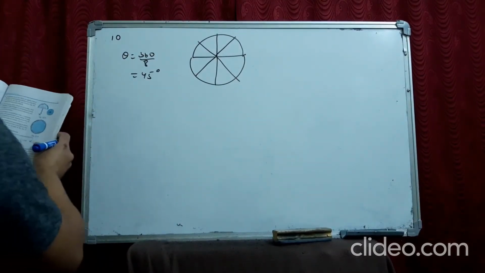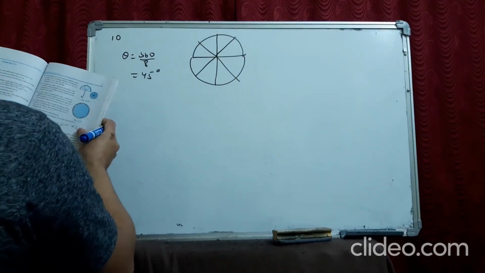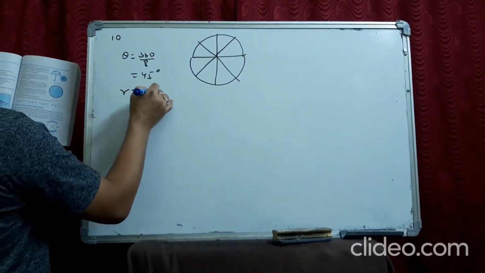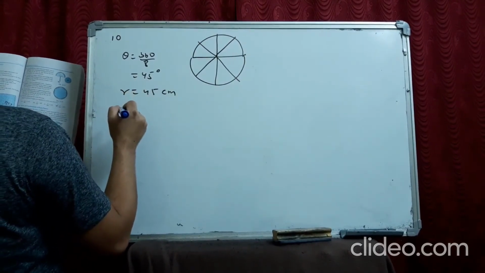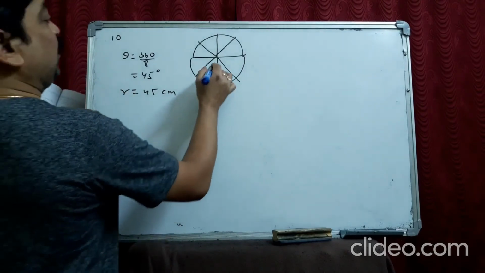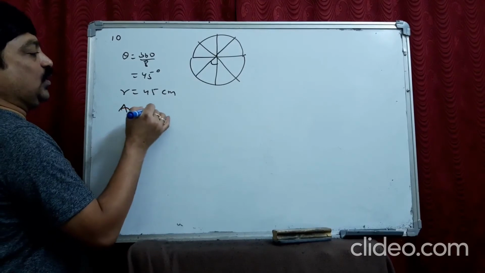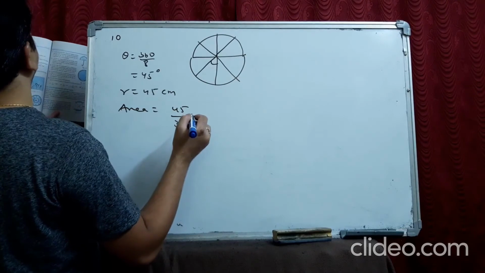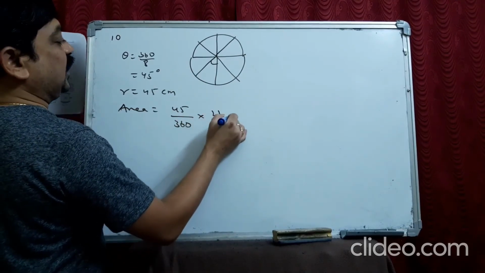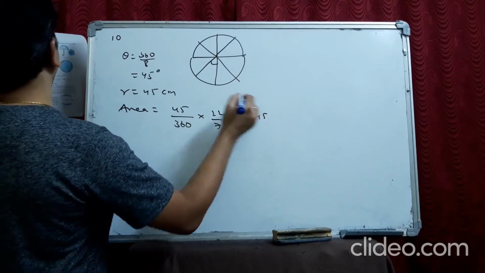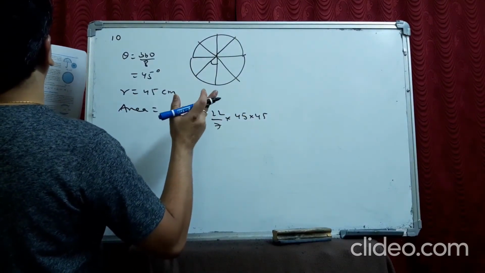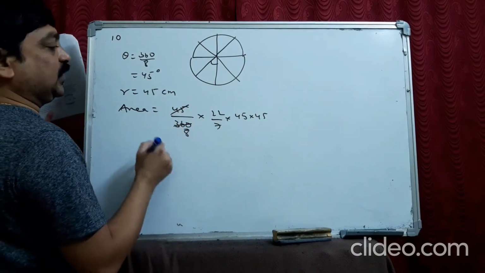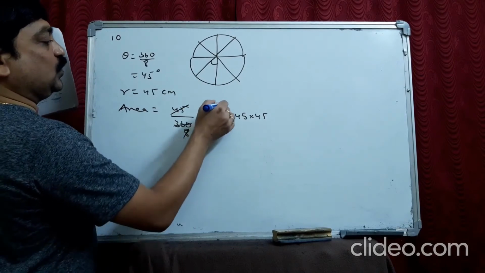Now what did they say? Assuming the umbrella to be a flat circle of radius 45 centimeter, find the area between the two consecutive ribs of the umbrella. Area is equal to theta by 360 into pi value. Is it given here? No. 22 by 7, r square, 45 into 45. So it becomes 8 here. So 2 4s, 2 11s here.